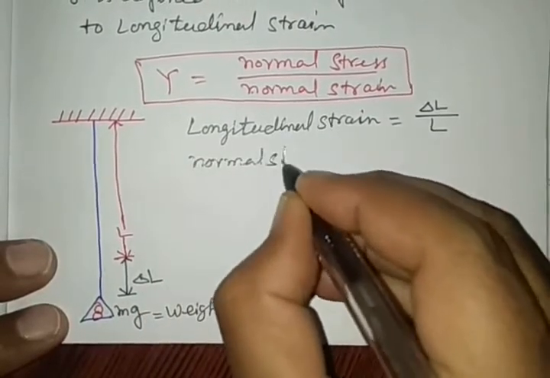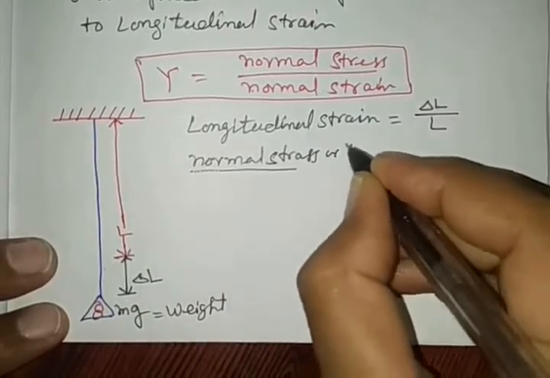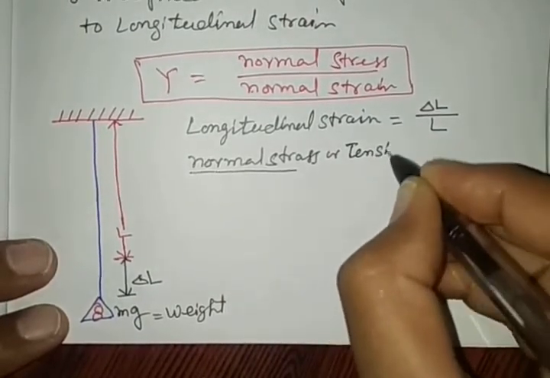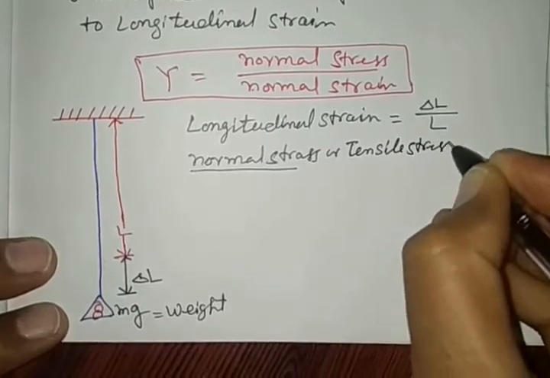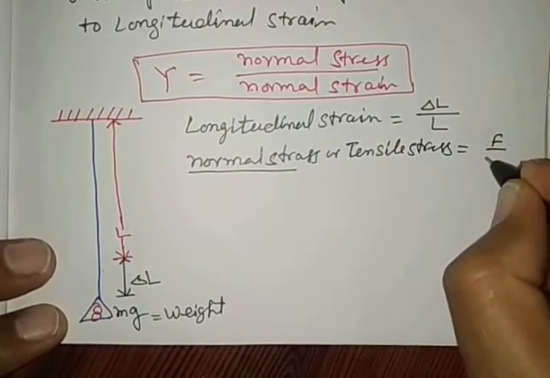But we know that normal stress is also called tensile stress. It is denoted by force upon area.